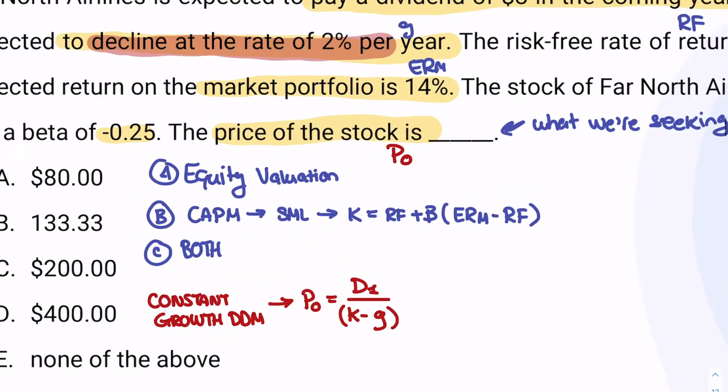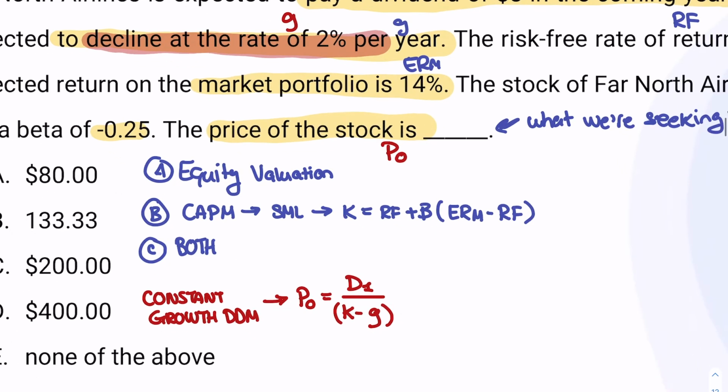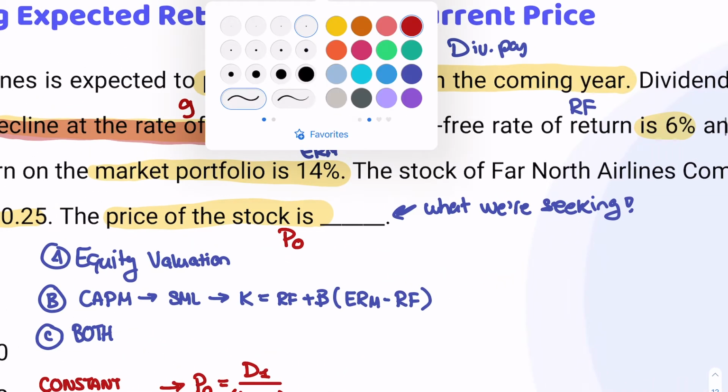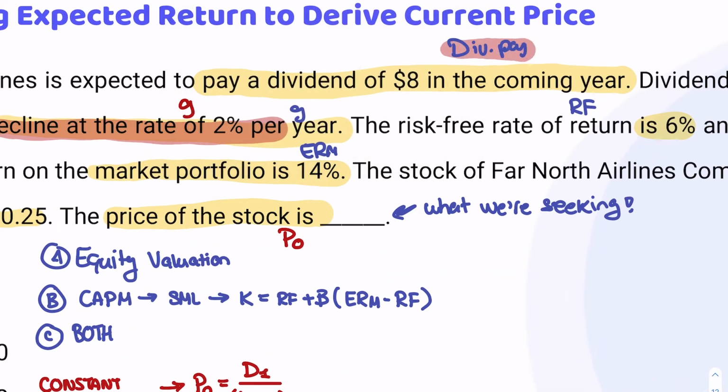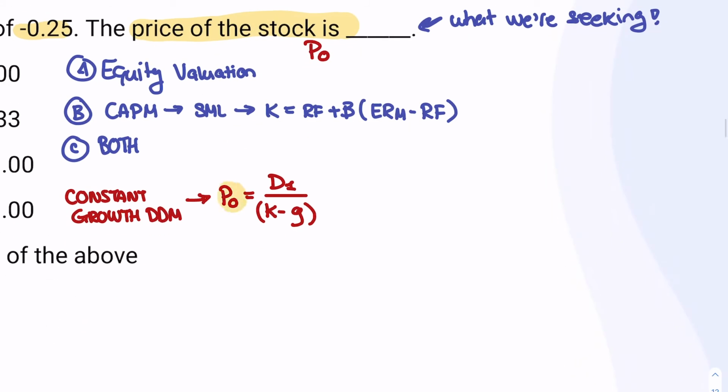So just like that, you definitely know your G. And then we're telling you that we're paying a dividend in the coming year, and that's synonymous to D1. So already we see in our constant growth DDM that we're seeking our price 0, our price today, and we know our dividend for year 1. We know our G.